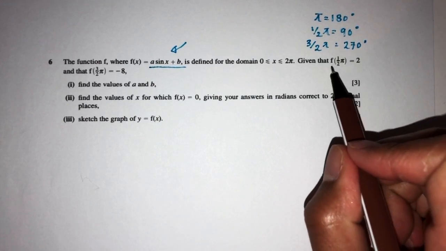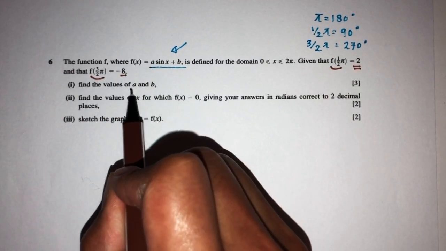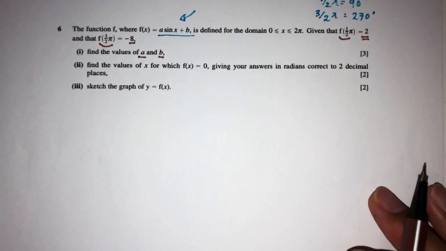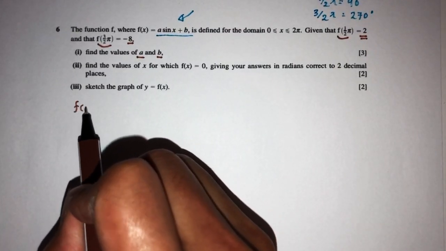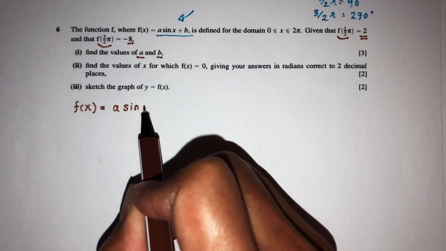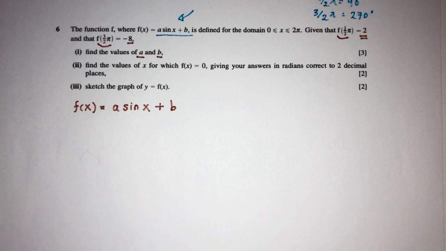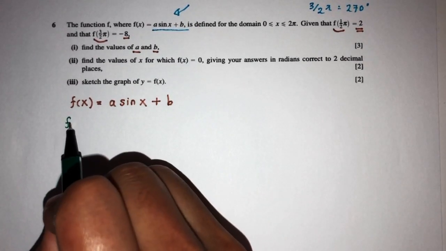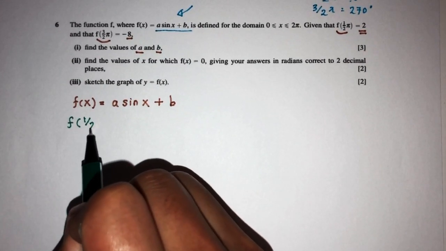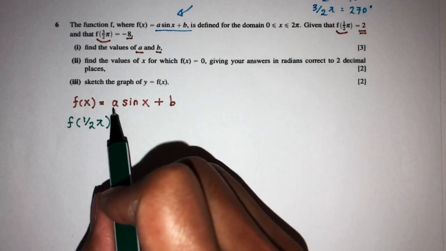So we're given these two values that we can use to find the value of a and b for part 1. So let's use that. We're given f of x is equal to a sin x plus the value of b. Now we have f of half pi is equal to the value of 2, but let me replace it first.